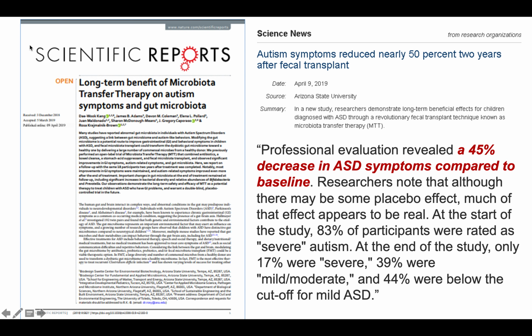Well, they've also done some fecal transfer therapy in individual children with autism.